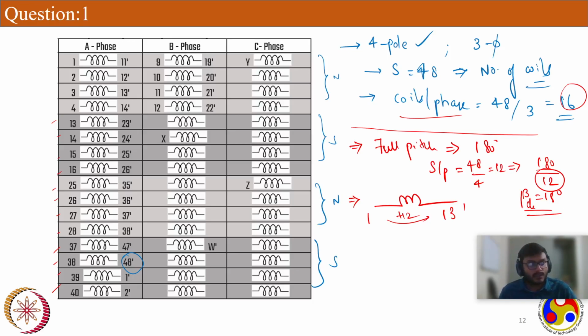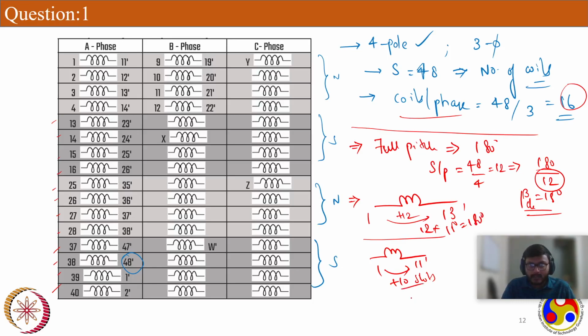So as you said, the coil span is 10, but it also tells us that my winding is short pitched. As we see in the diagram, it is 10 slots. Now, what is my coil span here? Total coil span spread: here it is 12 into 15 degree, it is 180 degree.